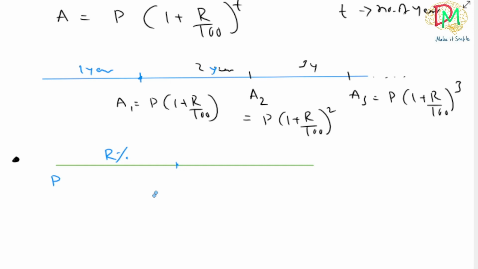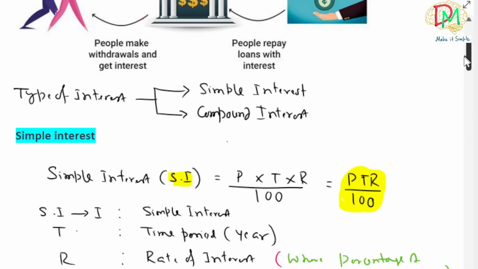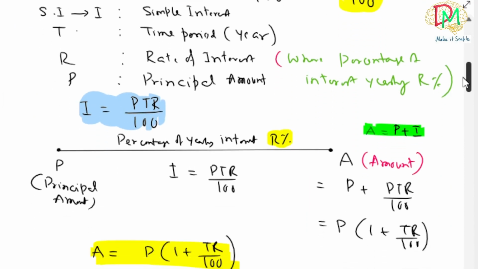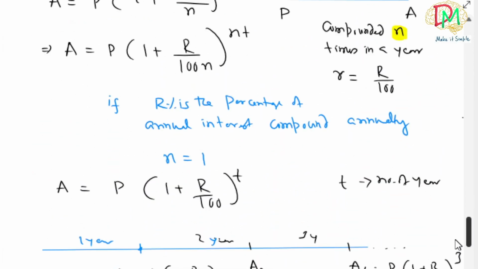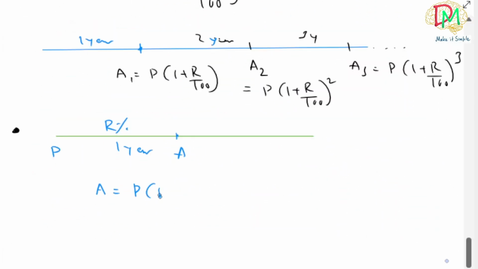With the simple interest calculation, after 1 year the amount will be A, which is equal to P into (1 plus TR by 100). Since T is equal to 1, it is P into (1 plus r by 100).